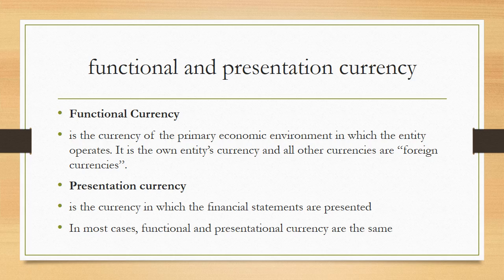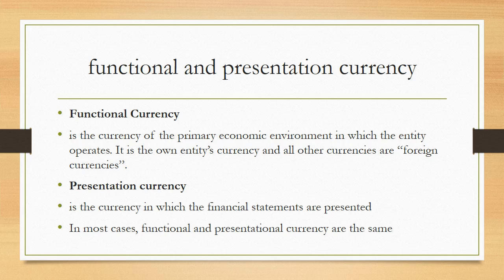But again, let us discuss the functional and the presentation currency. What is the functional currency? The functional currency is the currency of the primary economic environment in which the entity operates. It is the entity's own currency, and all other currencies we regard as foreign currencies.